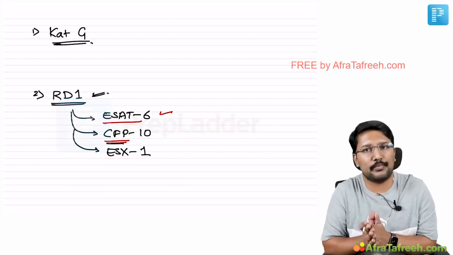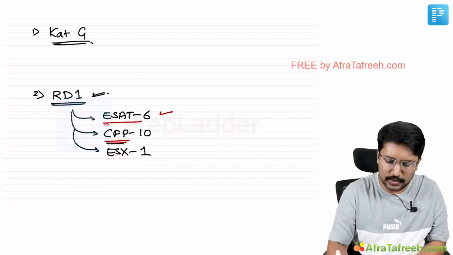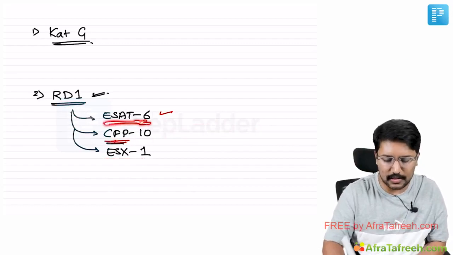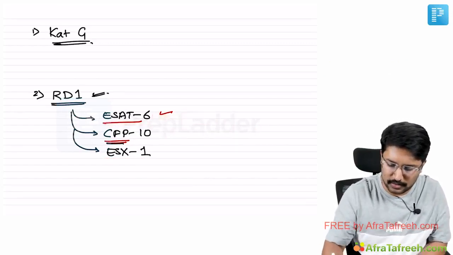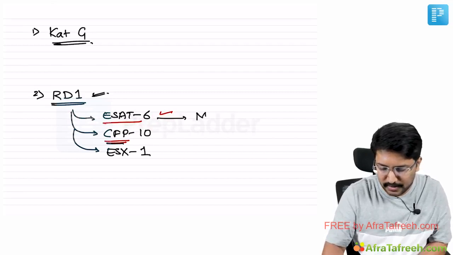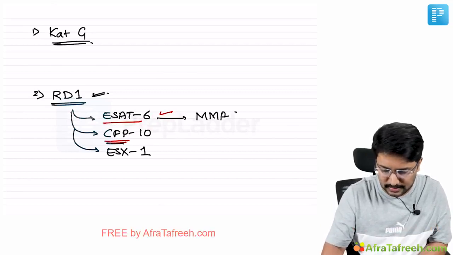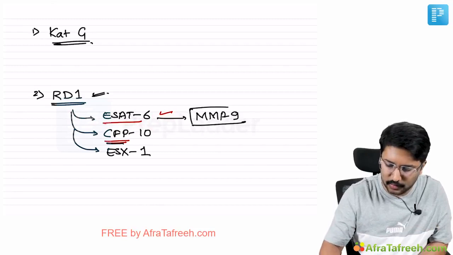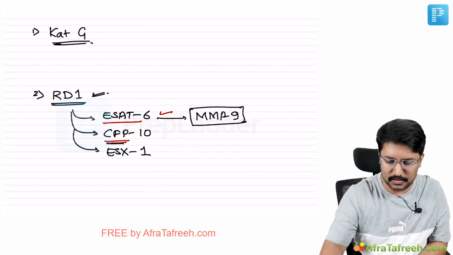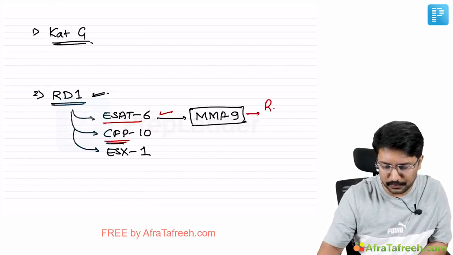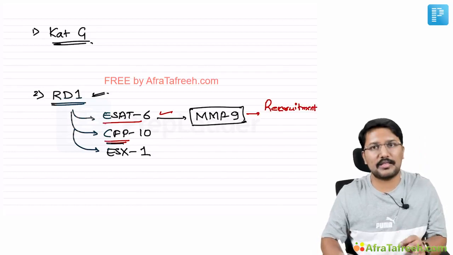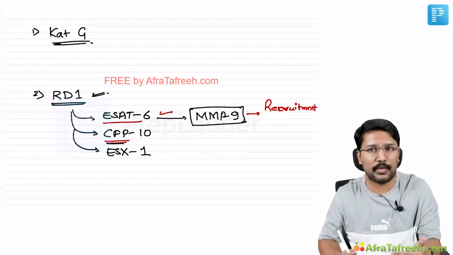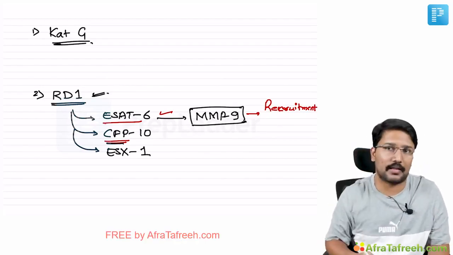Okay, why are these proteins important? They are usually complex, but particularly ESAT6 is very important. This ESAT6 stimulates macrophages to produce what we call matrix metalloproteinase 9, MMP9. Now this MMP9 is the one which causes recruitment of other macrophages, because these tubercle bacilli now need other macrophages to infect, right?